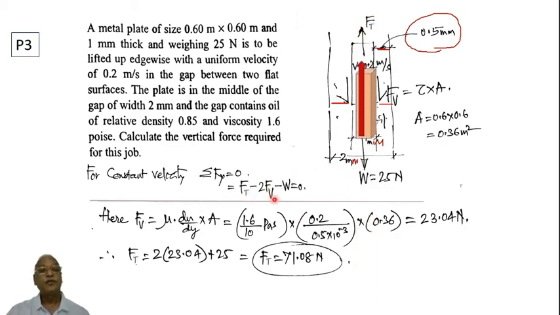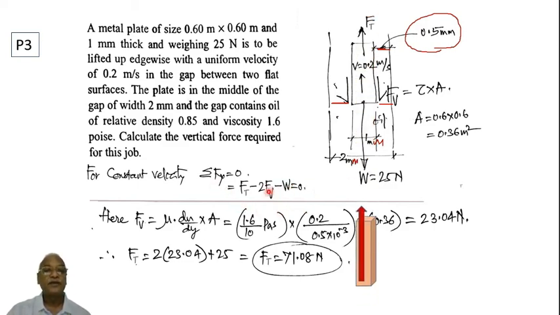You have seen that in a horizontal system there is no weight coming into the picture. Here the weight also comes into the picture because it is vertical. So from this we can calculate whatever quantity is required. Now in this, how much is Ft? That is an unknown. Fv we should know. W they have given, right? The weight of the object is given to be 25 newtons. Fv I have to calculate. Now Fv, the viscous force, is given by shear stress multiplied by area.